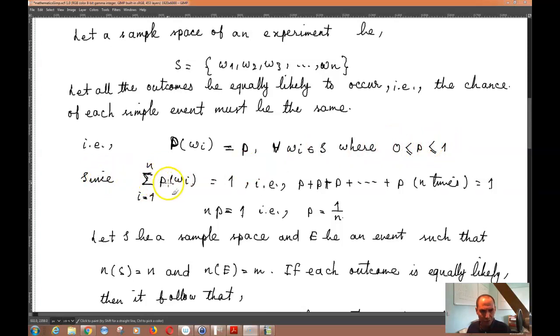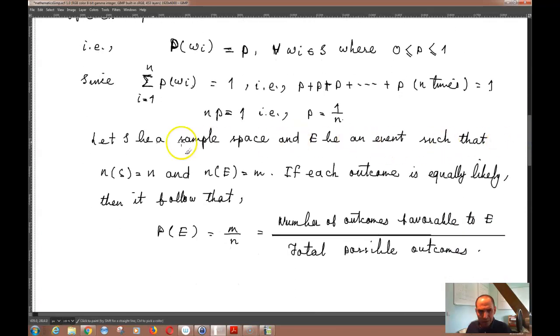Now since the sum of P of omega i as i goes from 1 to n is equal to 1, that means P plus P plus P, n times, is equal to 1. That means n times P is equal to 1, which means that P is equal to 1 divided by n.